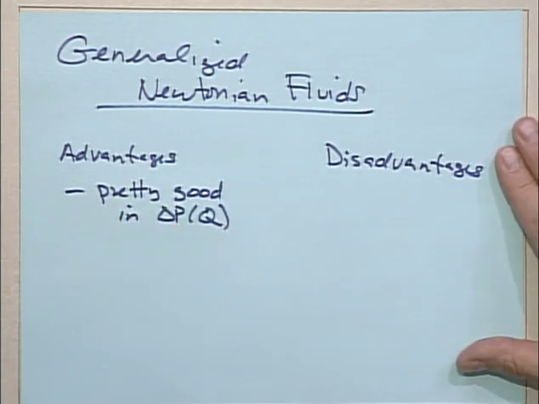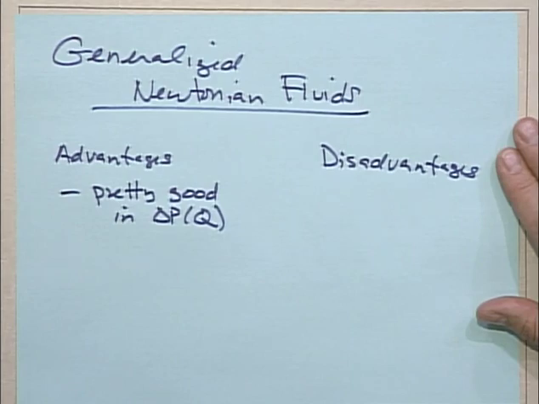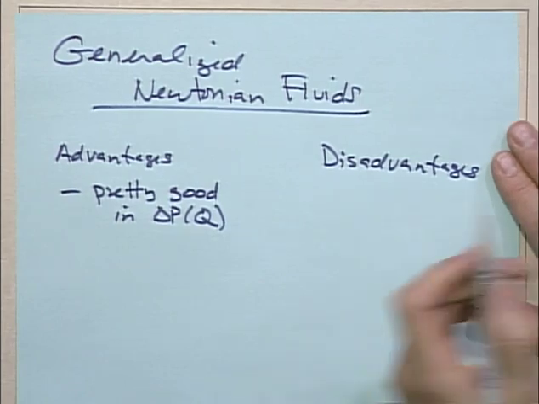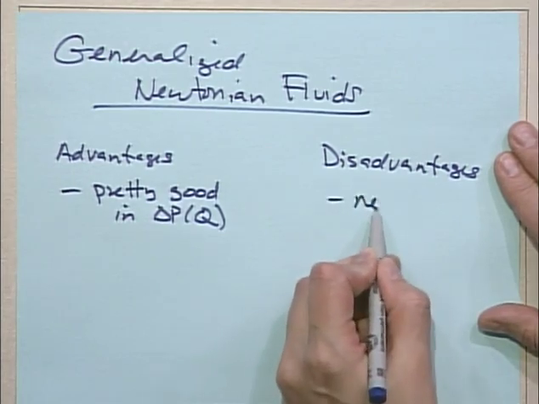So if you're doing a mold filling simulation and all you care about is how much pressure is going to be produced in that mold, you can use a power law generalized Newtonian fluid or a Carreau-Yasuda generalized Newtonian fluid.